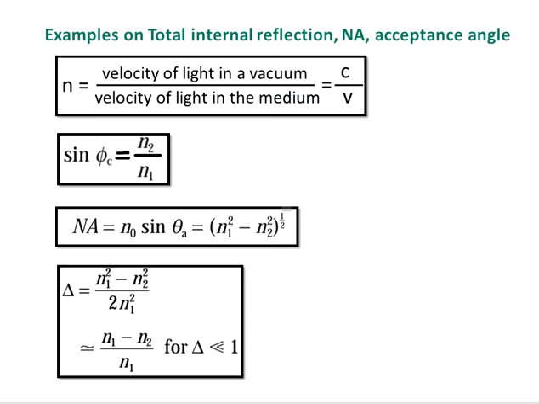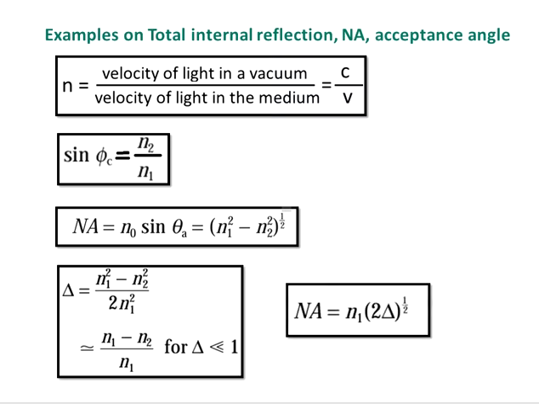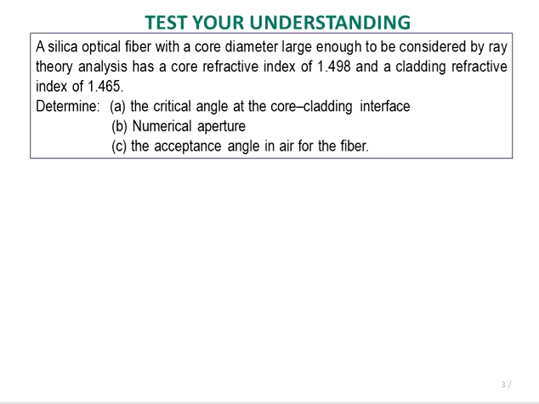If the value of delta is very small as compared to 1, its value will be given by (n1 minus n2) by n1. So from this we can find NA is equal to n1 (2 delta) raised to 1 by 2. So with this, let's start the first problem.